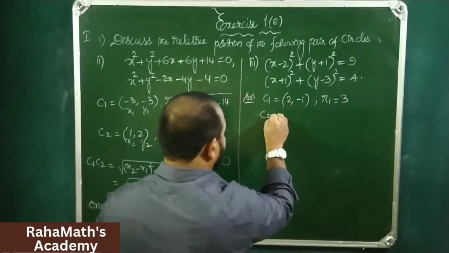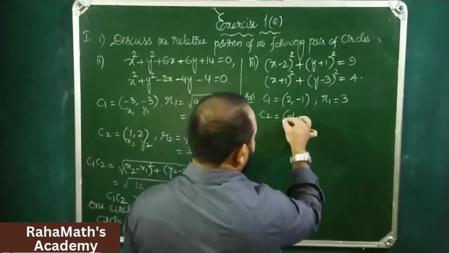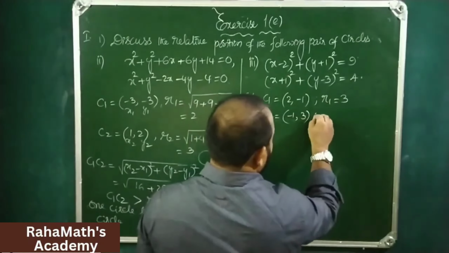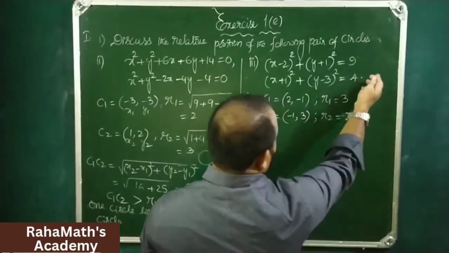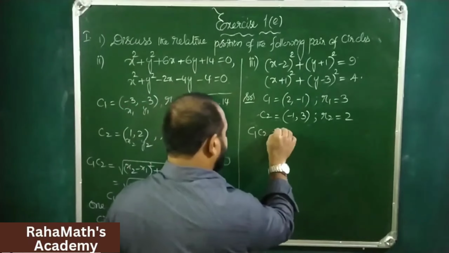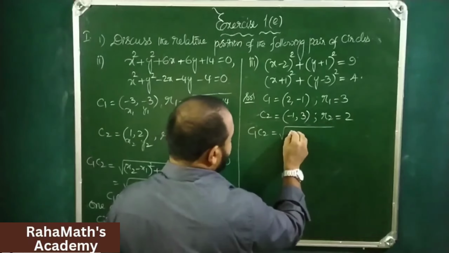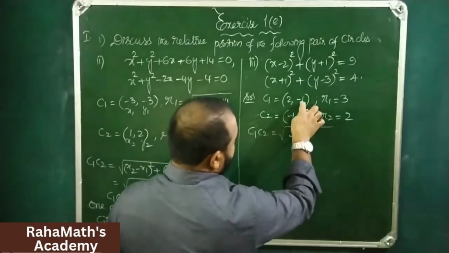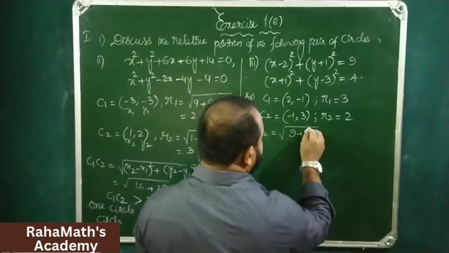And C2 is (minus 2, 3). R2 is 2, since 4 is 2 square. Now C1C2 is square root of (2 minus of minus 2) whole square, 4 square, 16, plus (minus 1 minus 3) whole square, minus 4 whole square, that is 16.